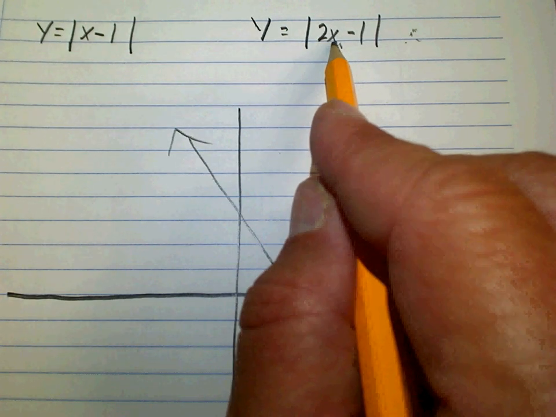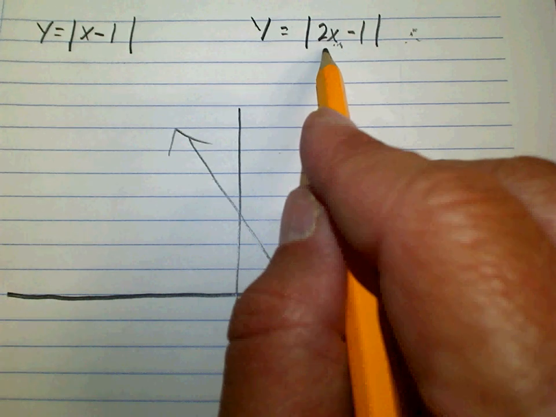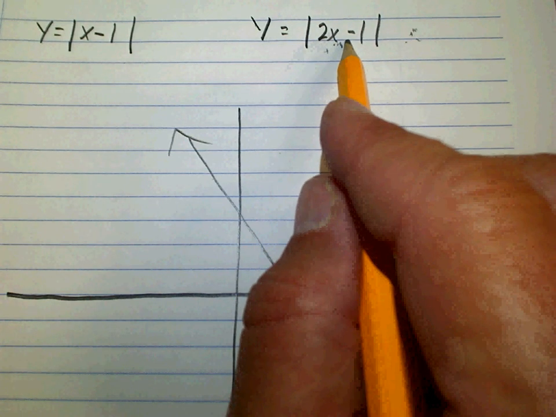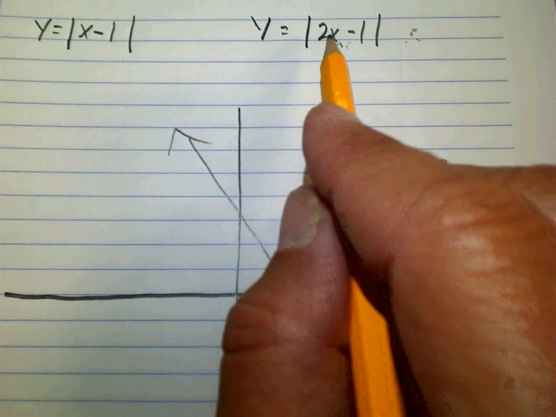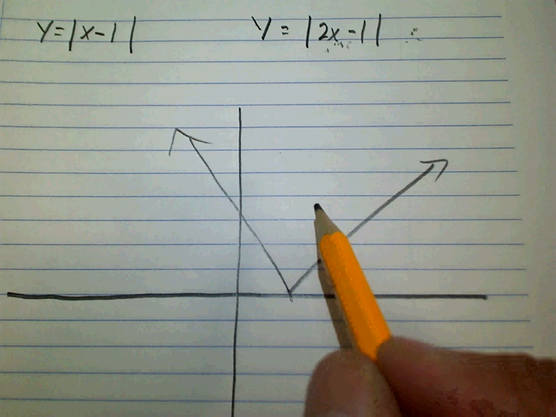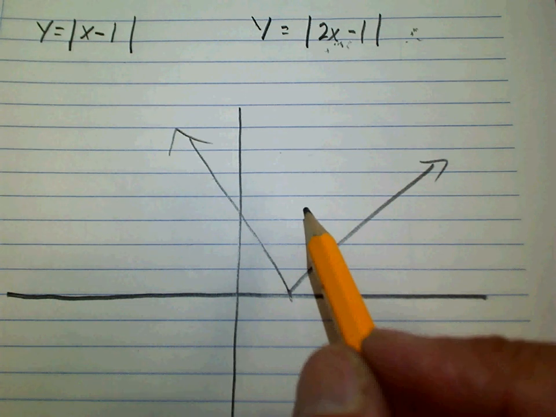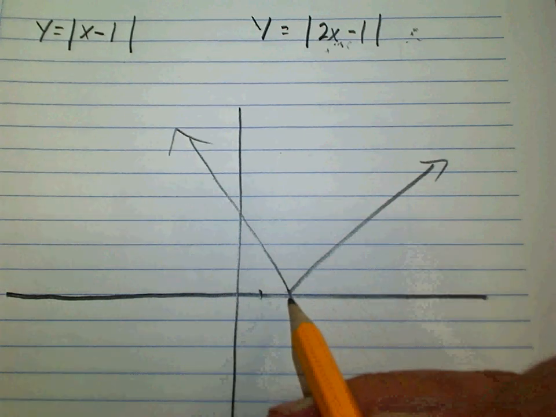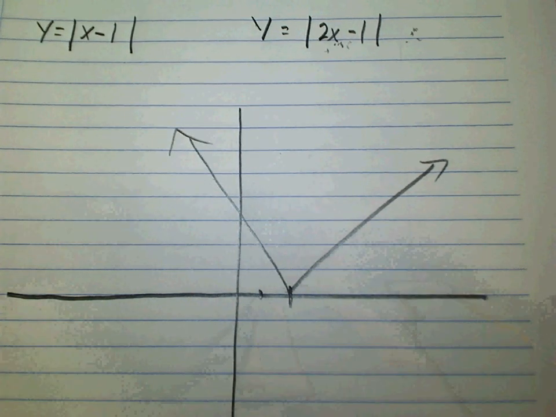How far right? Is it 1 or is it 0.5? 0.5. I'm going to put a little line here to represent, this was 1. This will be 1/2. So there's my vertex.